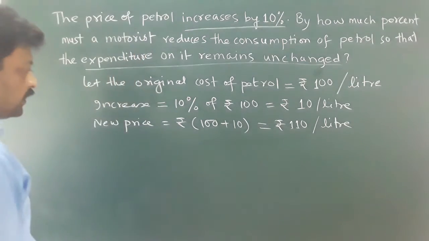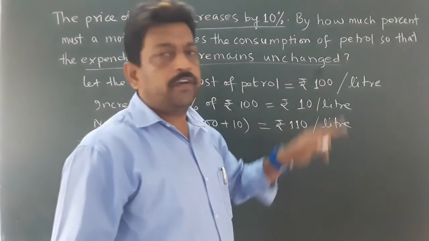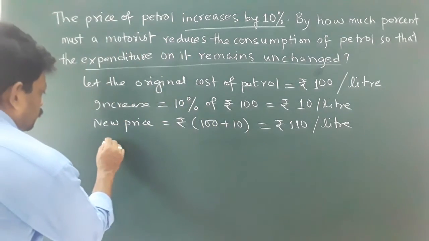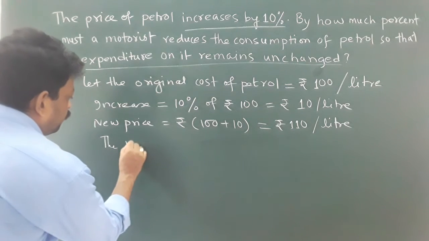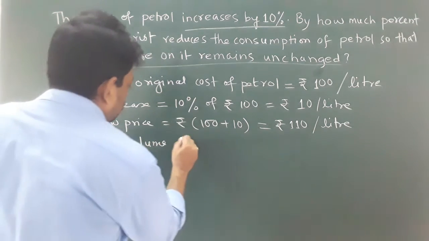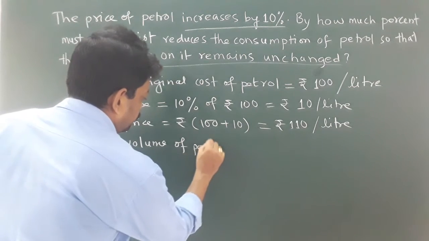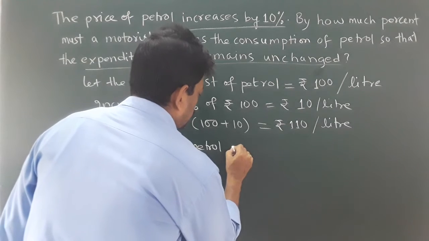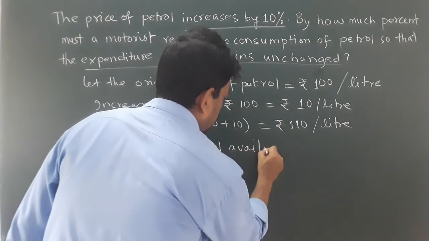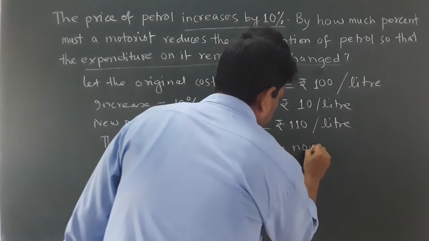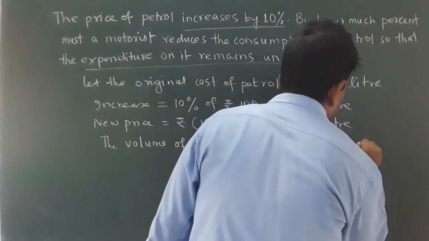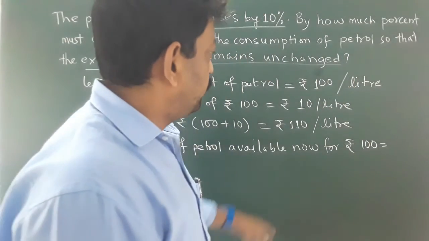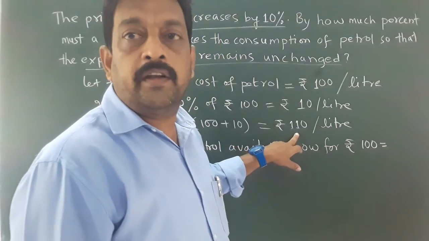First of all, let me find out how much petrol he is getting now for 100 rupees. The volume of petrol available now for rupees 100 equals 100 upon 110 liter.